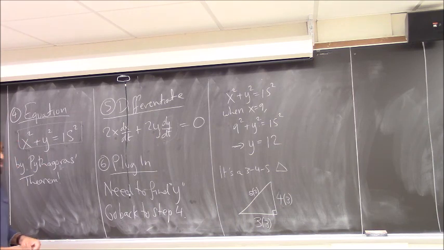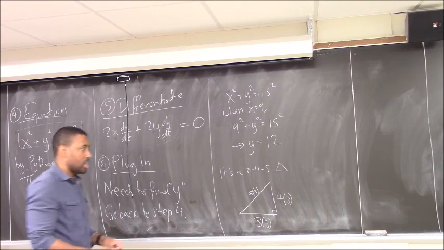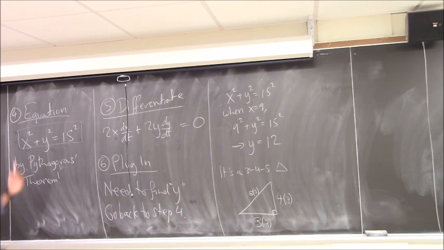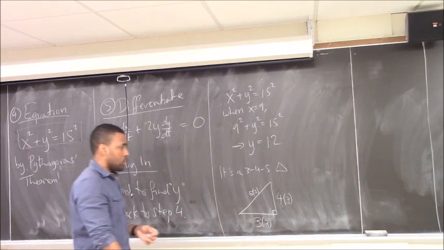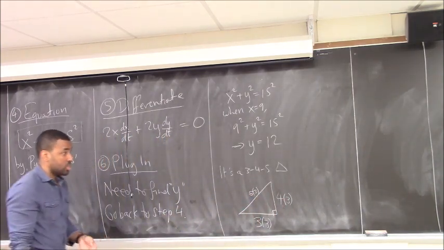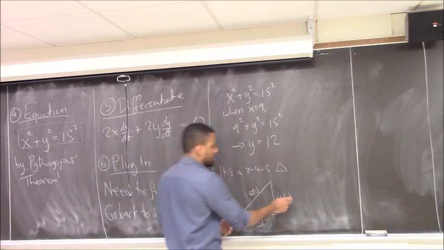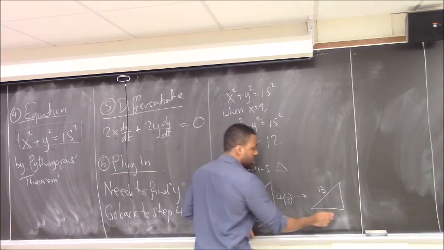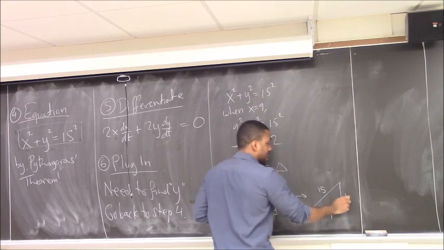These 3, 4, and 5 are called Pythagorean triples because they are numbers that work in Pythagoras' theorem. 3 squared plus 4 squared is equal to 5 squared. And it turns out that if you multiply each of them by the same number, that relationship still works. So if this side is 15 and I know the other side is 9, then this side has to be 12.